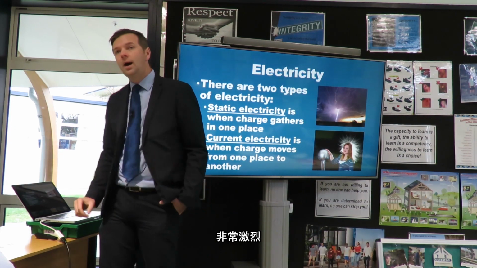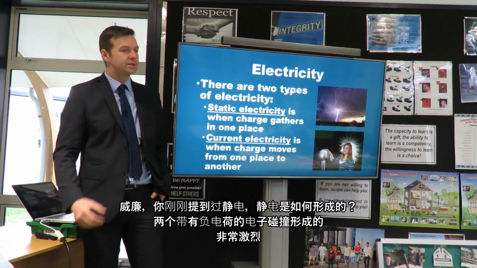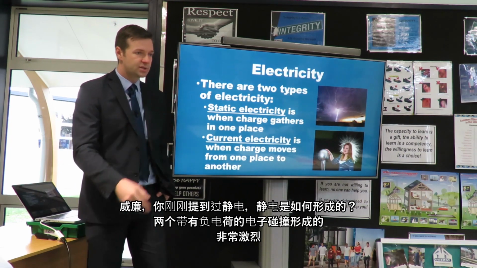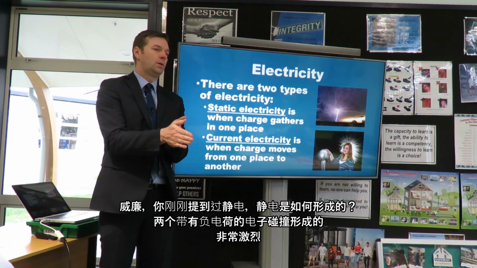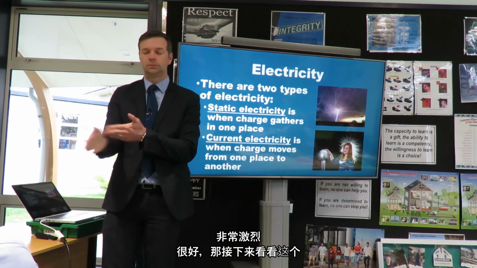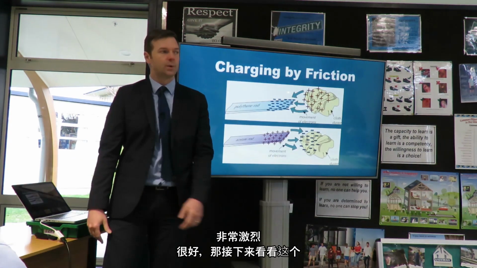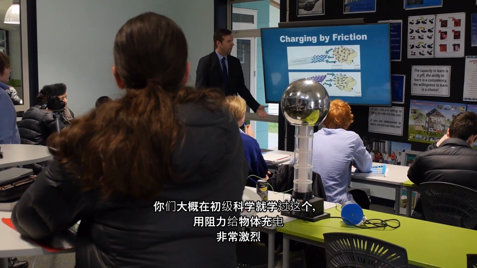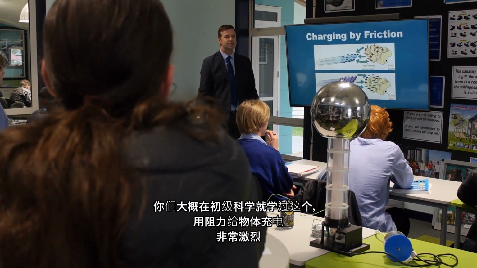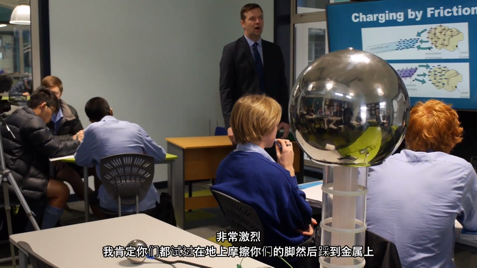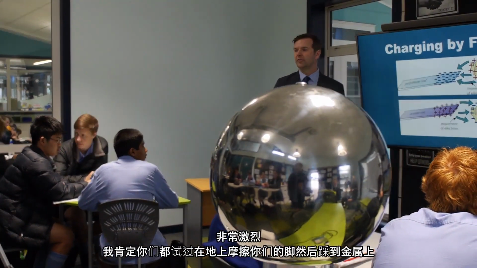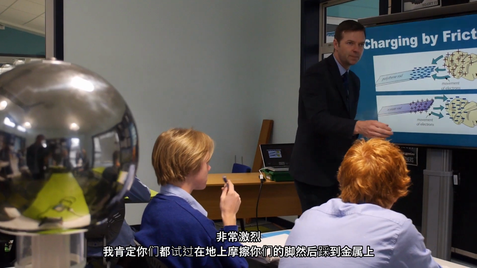All right. So William, you mentioned static electricity. How is static electricity formed again? Two negative things rubbing together. Good. So you possibly did this in junior science, looked at charging up an object with friction. You've all experienced this, I'm sure, rubbing your feet on the carpet, touching something metal.